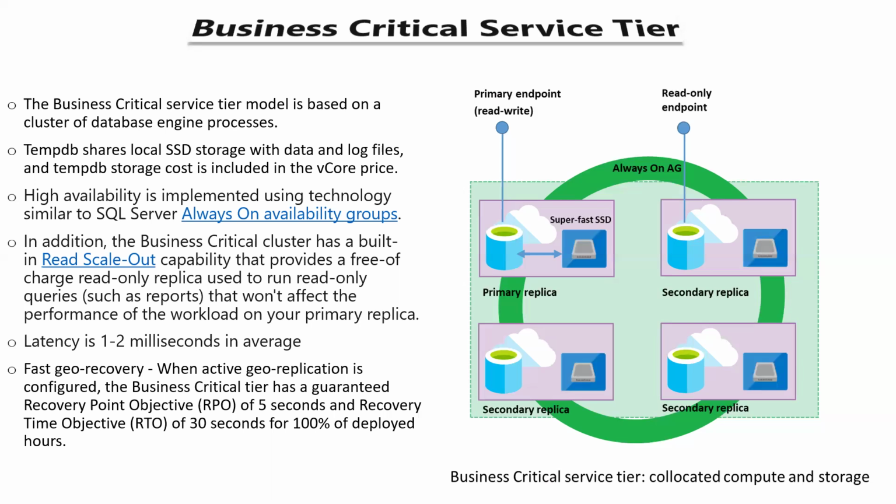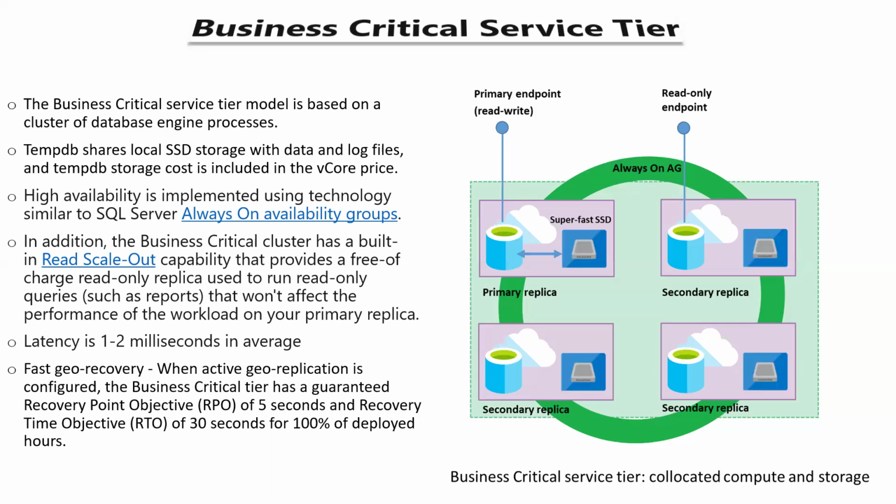TempDB shares local SSD storage with data and log files. Understand the differences between general purpose and business critical. Here TempDB, both data and log files share the local SSD. But in general purpose, only TempDB uses the local SSD. MDF and LDF will be stored in the blob storage. That is why they are using remote storage. Here it is using local storage.